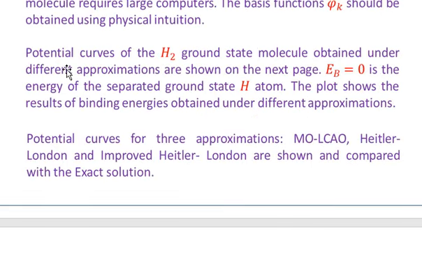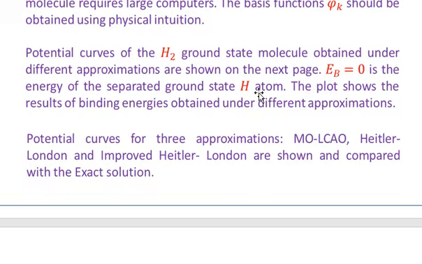Let me read this paragraph once again. Potential curves of the H2 ground state molecule obtained under different approximations are shown on the next page. EB equal to 0 is the energy of the separated ground state hydrogen atoms.